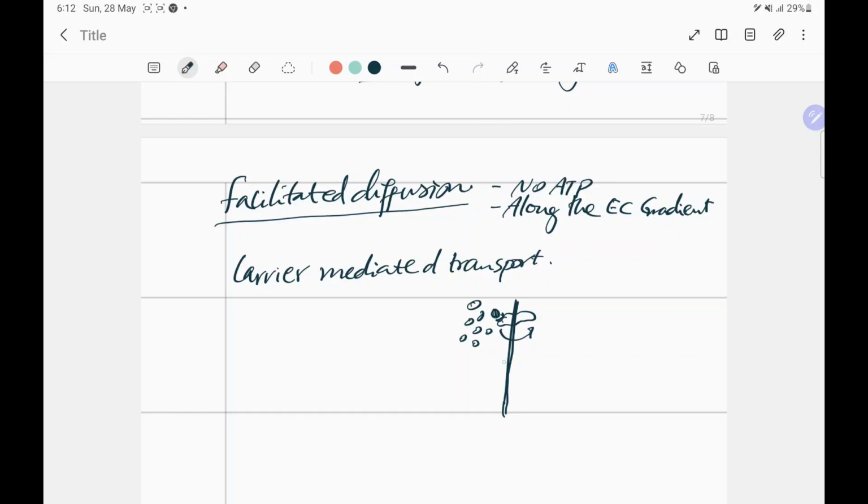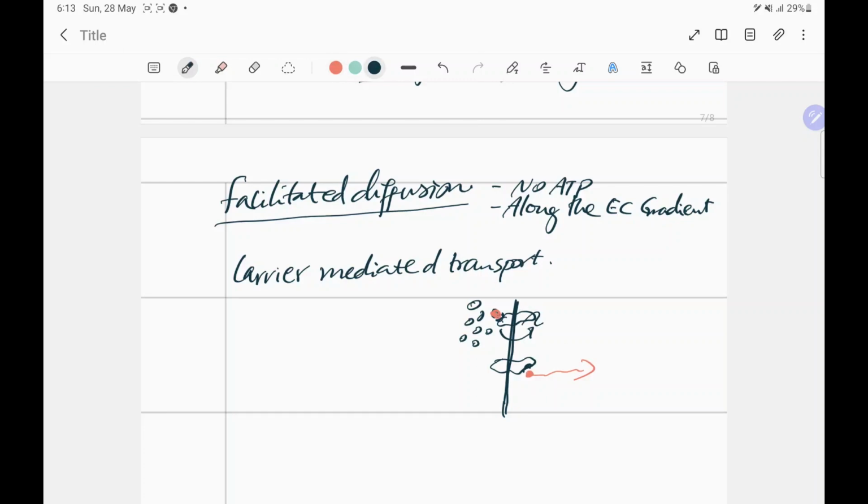So after binding to a certain molecule, let's draw this molecule in red, which was able to bind to it finally over here. This carrier protein is eventually going to change its shape, and that binding site has flipped over like this, and now this molecule can go to the other side.